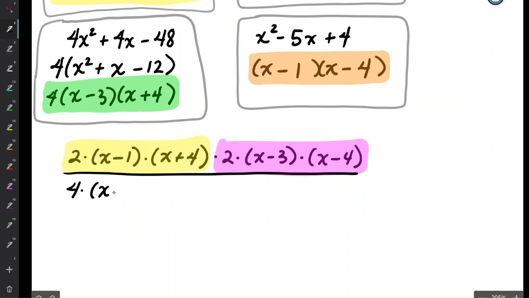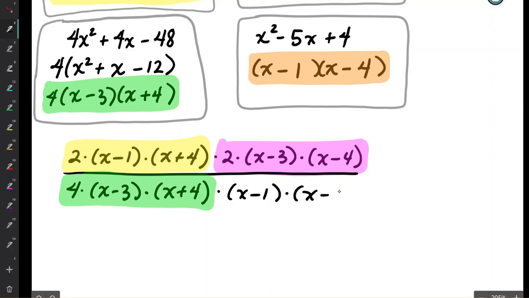Green, 4 times the quantity x minus 3 times the quantity x plus 4. And orange, x minus 1 times x minus 4. Those two objects multiplied together.